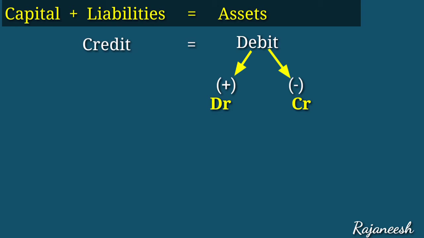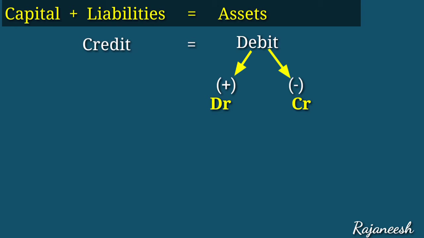That means assets have a debit balance, but sometimes the asset will increase or sometimes it will decrease. If an asset is increasing, we should debit. If the asset is decreasing, we should credit that asset.